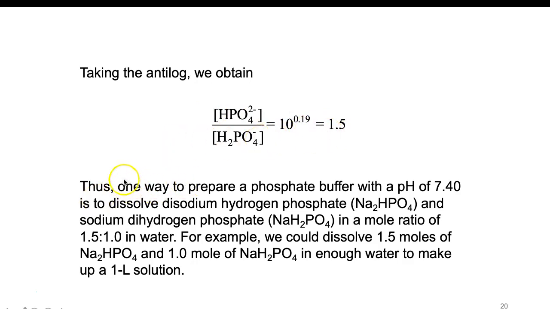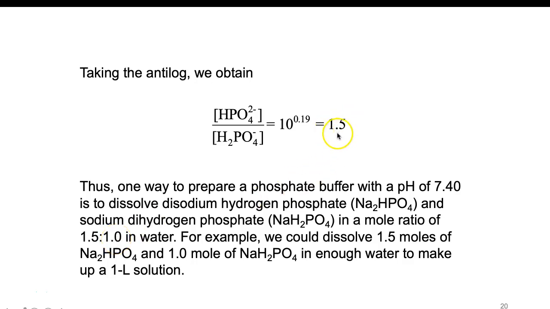It means that one way to prepare a phosphate buffer with a pH of 7.40 is to dissolve disodium hydrogen phosphate, because we need the HPO4 2- ion. We need that, this guy. And we would dissolve enough of this and sodium dihydrogen phosphate, which will give us the acid, in a mole ratio of 1.5 to 1.